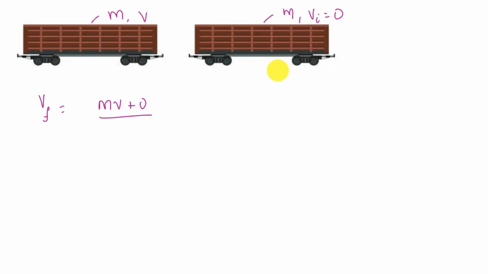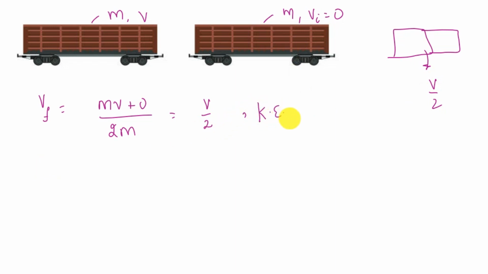Mass is the same, so m plus m is 2m, so that would be v over 2. So after collision the cars will have a velocity of v over 2, just half the value of the initial. So the initial kinetic energy of the system is half m v square, correct, and then what would be the final kinetic energy?